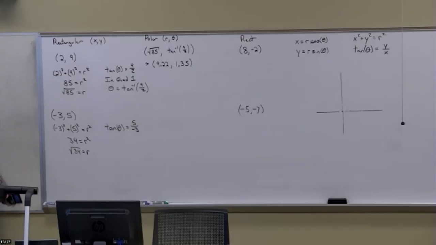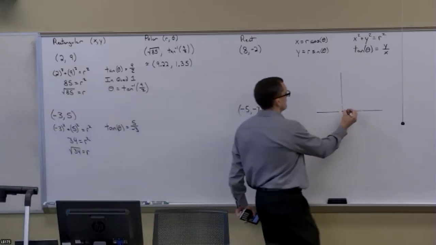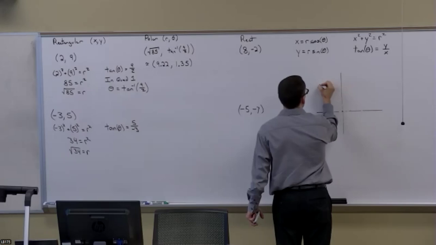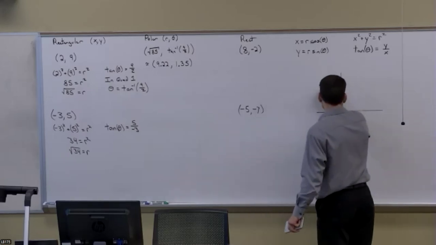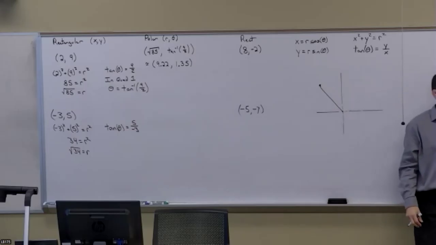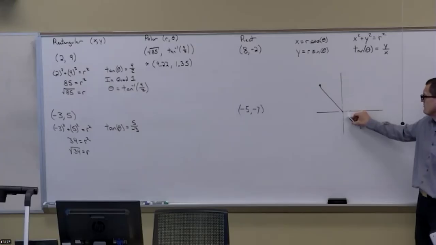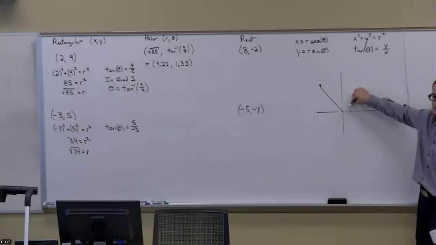Now, I want you to notice that -3,5 is actually in quadrant 2. So -3,5 is somewhere in quadrant 2. But tangent inverse is not going to give me something that's in quadrant 2. It's going to give me something in quadrant 4 or quadrant 1.